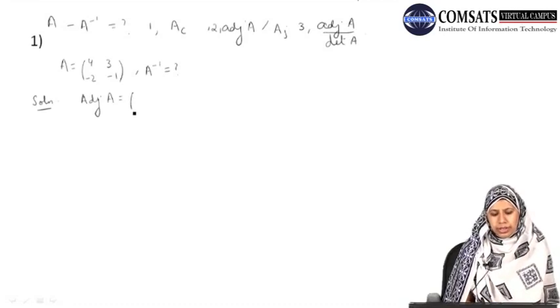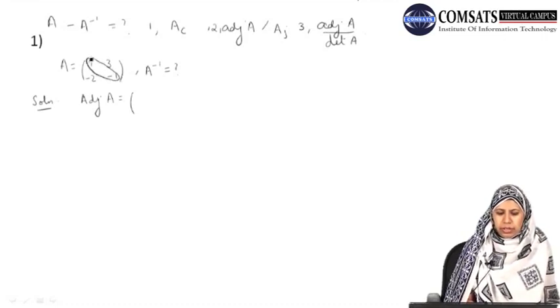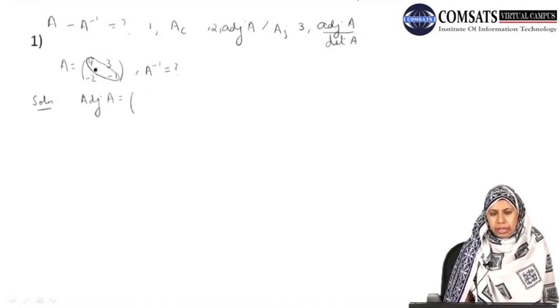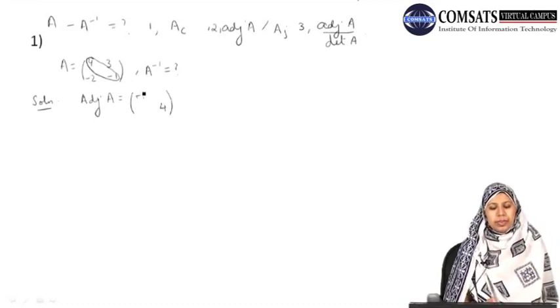How? Our adjoint matrix will be obtained by interchanging the main diagonal entries. Remember, these entries A11 and A22 are our main diagonal entries. So we will interchange them: A11 will be the entry A22 now, and A22 will be A11 now.